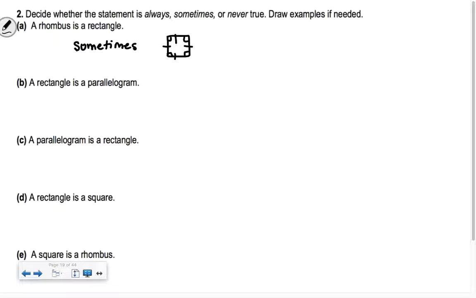Okay, a rectangle is a parallelogram. So does a rectangle always have opposite sides parallel? Yeah, that's always true. Is a parallelogram always a rectangle, though? No. So we're going to say sometimes. It could be a rectangle, right? So we're going to say sometimes.